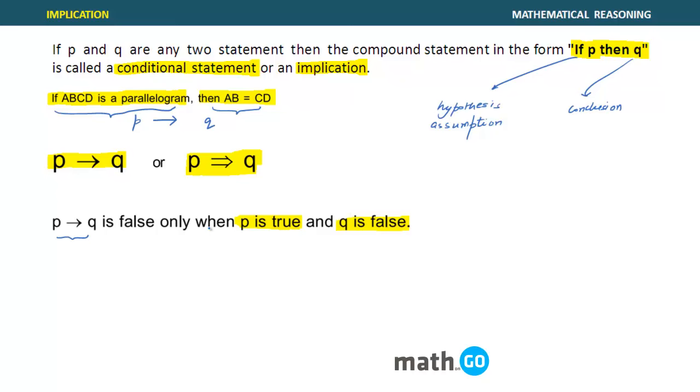So if P is true, then the conclusion should occur. But if P is occurring, that means the assumption is there, but the conclusion is not occurring, that means the statement is false, right? Clear?